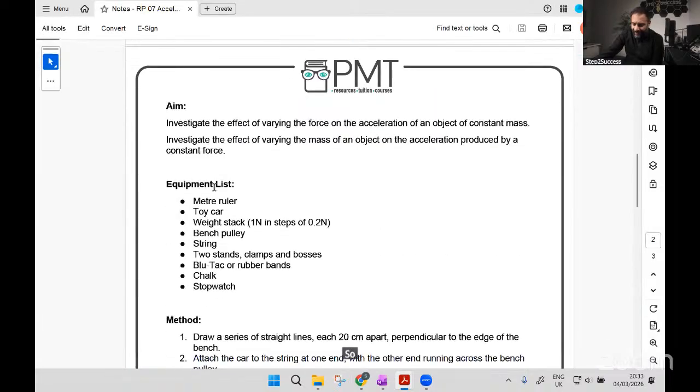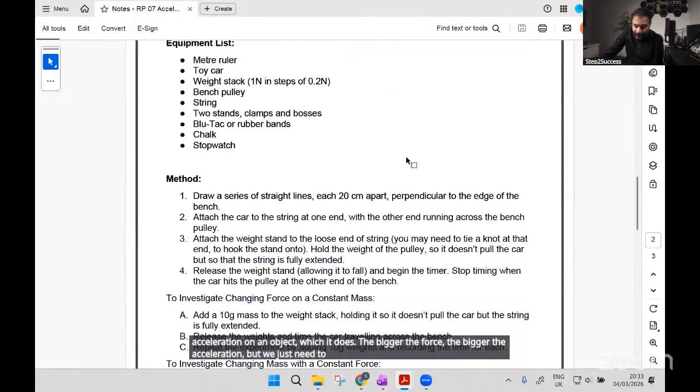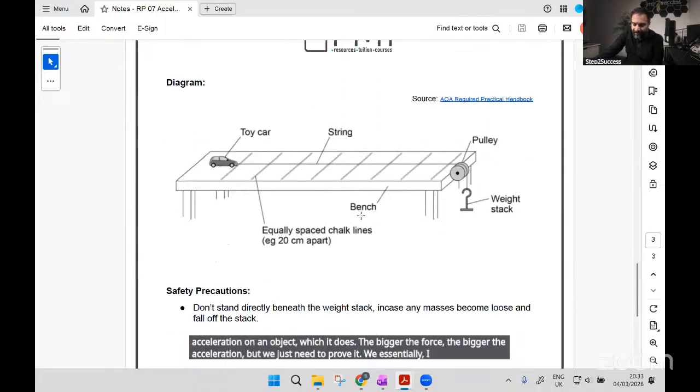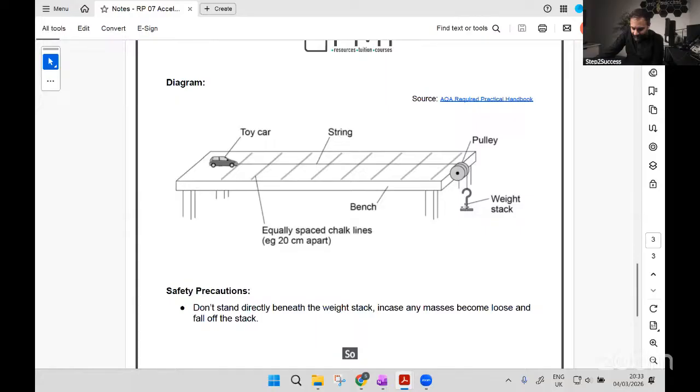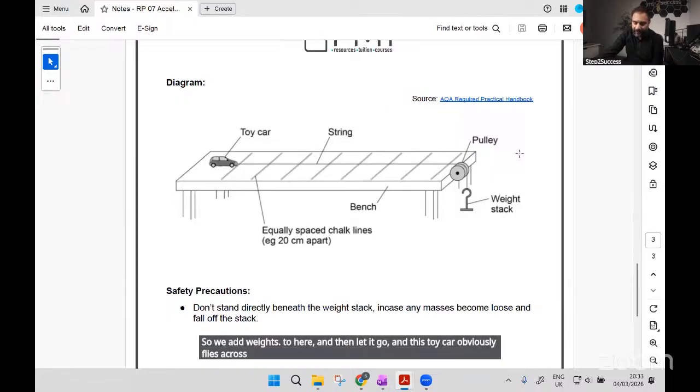The idea is to find out whether the force on an object affects its acceleration, which it does. The bigger the force, the bigger the acceleration, but we just need to prove it. I'm not going to show you all of this, but we essentially set up a practical that looks like this. So we add weights to here and then let it go. And this toy car obviously flies across to the right.